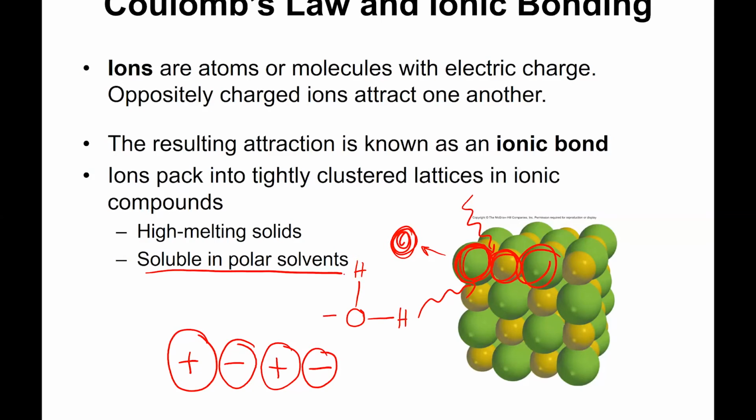Water has a polarity in which one end is more negative, one end is more positive. So that means that these polar ends will be attracted to the ionic elements within, and they're able to pull them off easily via this attraction.